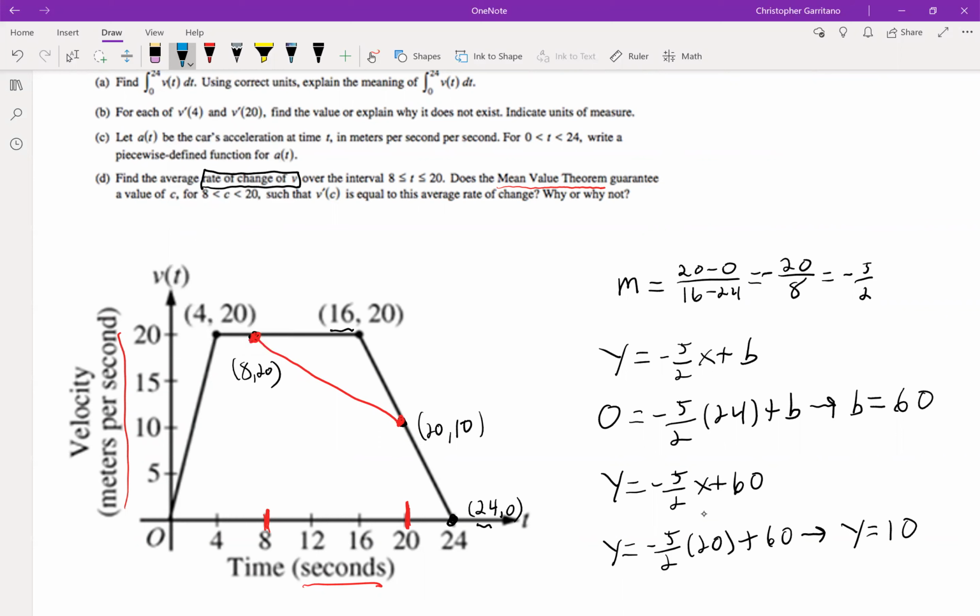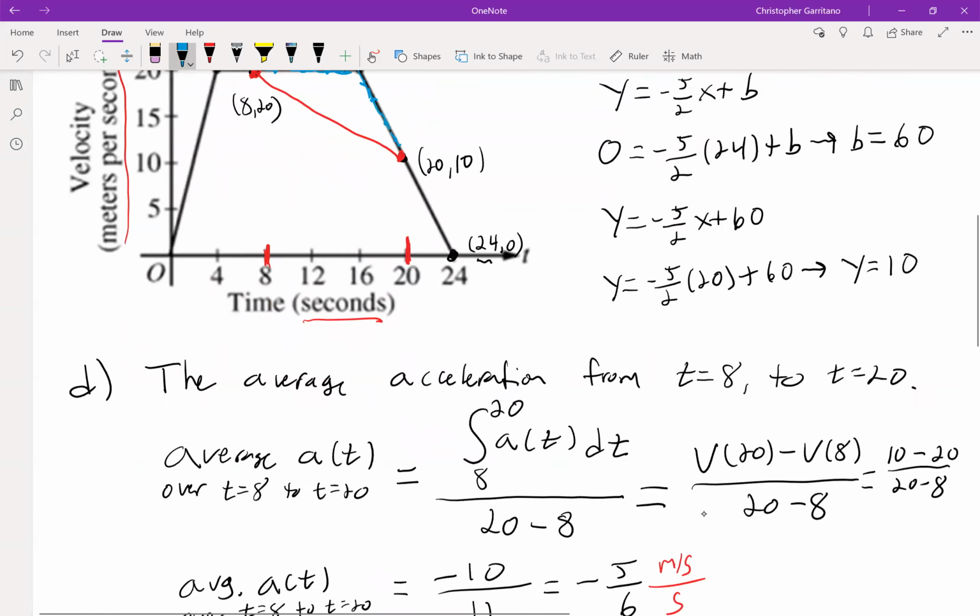And just by sketching here, I'll use some blue lines to sketch some tangent lines, choosing points between 8 and 20, you can see that the tangent lines are all either horizontal up until this corner here, and then they just become the slope that we found earlier, which was -5/2.